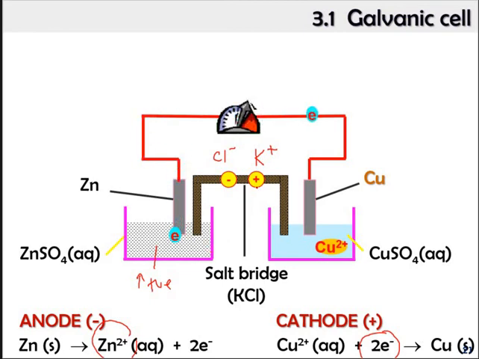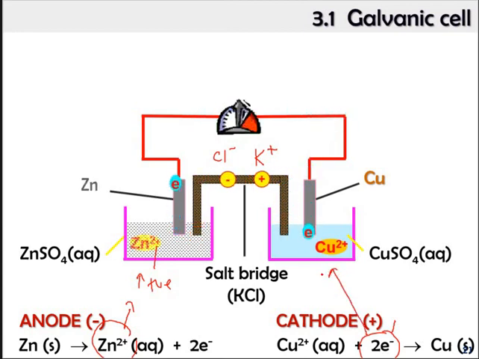Okay, so yang K+ akan pergi ke tempat yang banyak negative charge iaitu elektron, terima elektron di sini. Elektron dah banyak dekat sini, so dia kena pergi yang cation from the salt bridge, dia akan pergi ke electrolyte yang mengandungi terlalu banyak elektron. Alright. So the negative charge pergi pada yang banyak positif, higher positive charge di sini. Okay, and then the positive from the salt bridge akan pergi ke electrolyte yang penuh dengan elektron di sini.